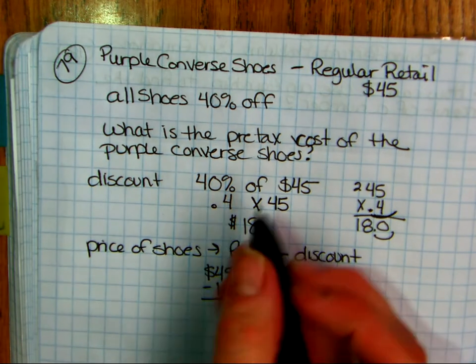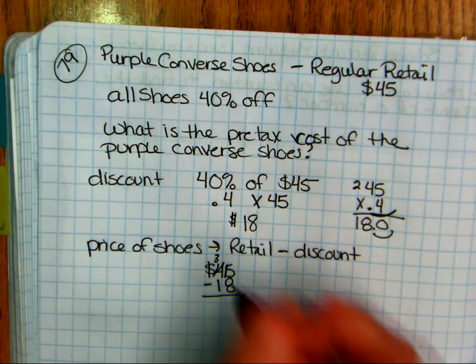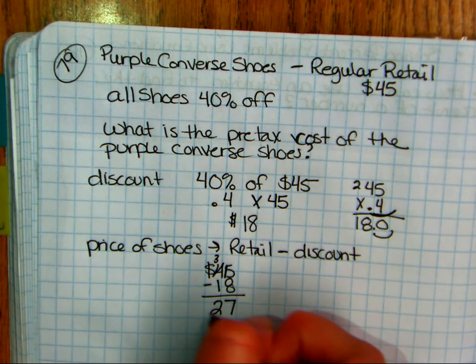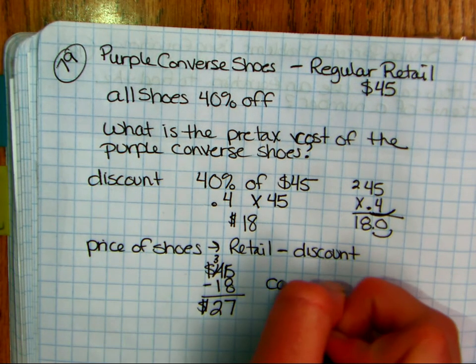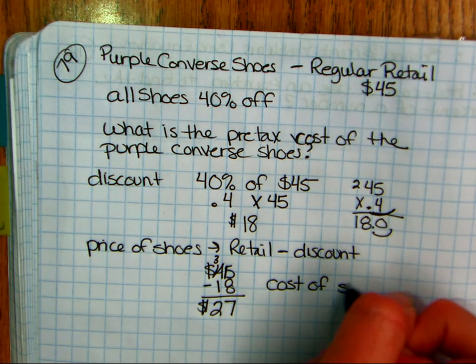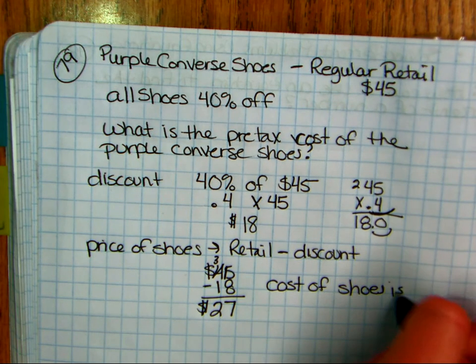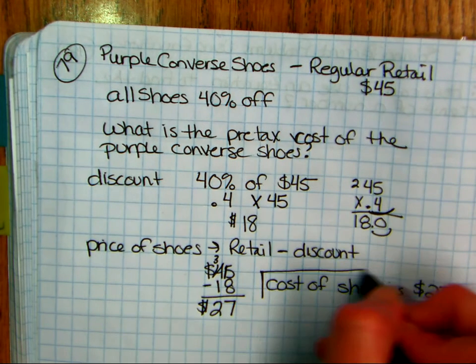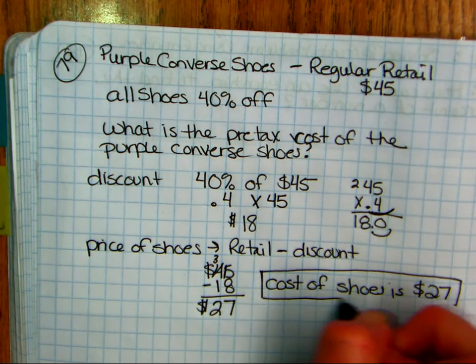Okay? Going to have to borrow. 15 minus 8 is 7. 3 minus 1 is 2. The cost of the shoes is $27. Pretty good deal. I'd buy them.